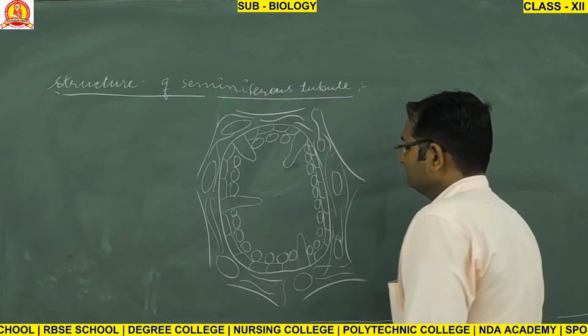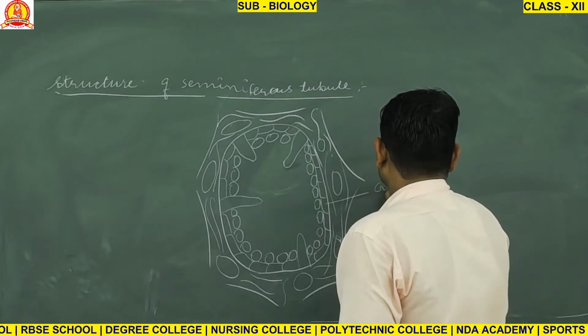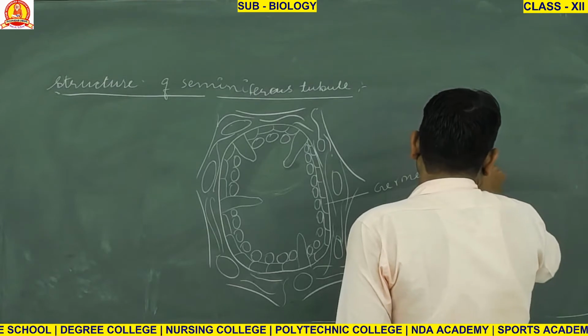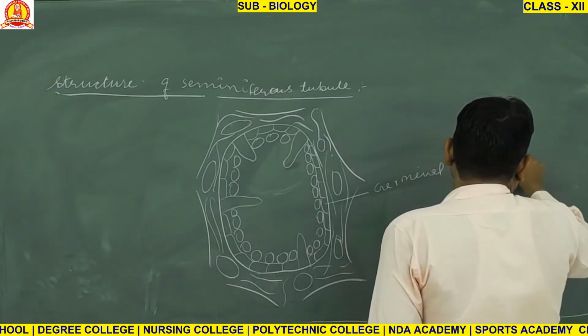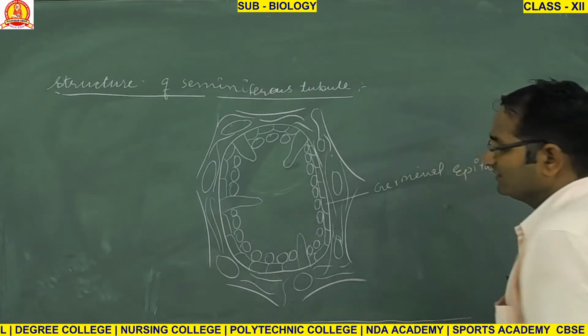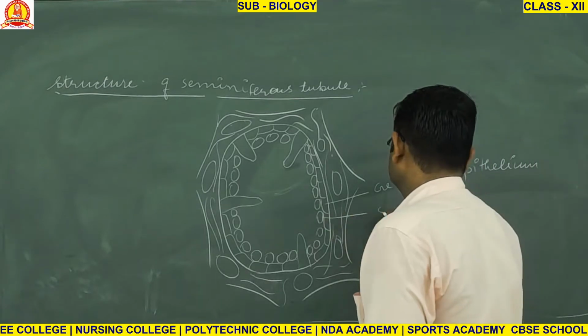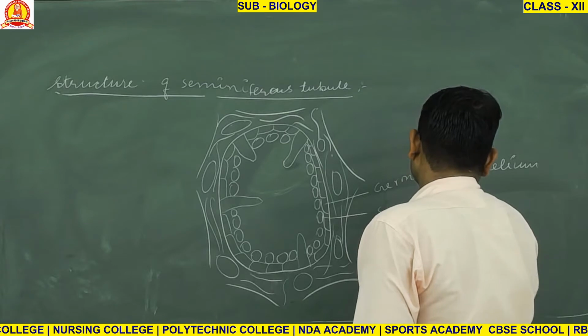Germinal epithelium. First layer of germinal epithelium, and germinal epithelium contains cells. These are spermatogonia.